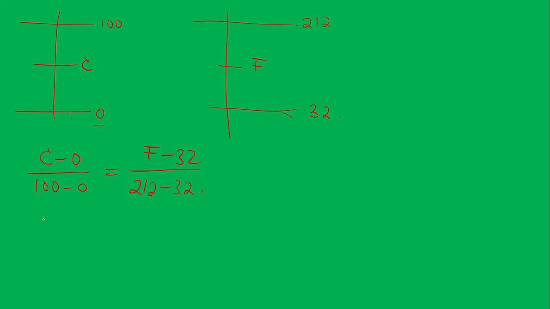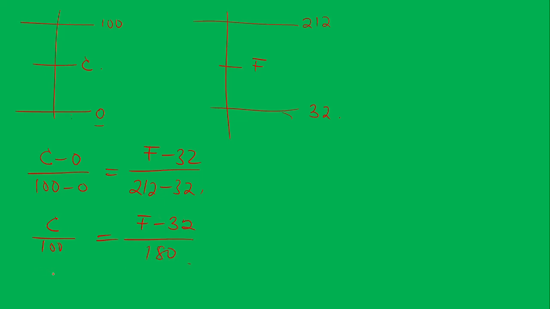So here I will give you C all over 100 equal to F minus 32 all over 180.